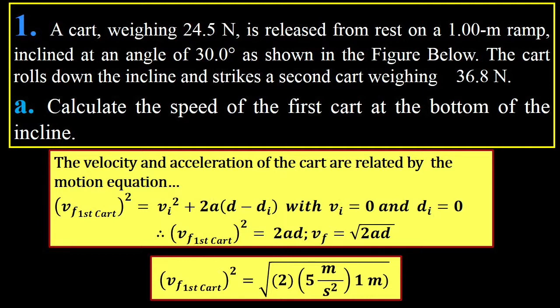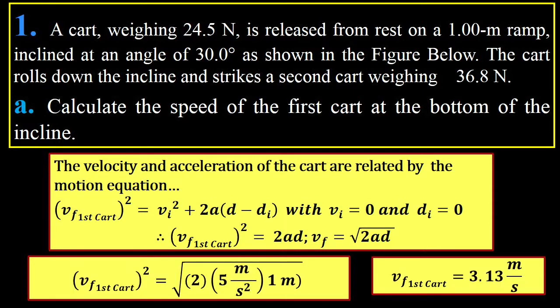That's going to be reduced to root 2AD, and that's going to be root 10, and root 10 is 3.13. Very good, 3.13. So that's going to be the velocity of the first cart.